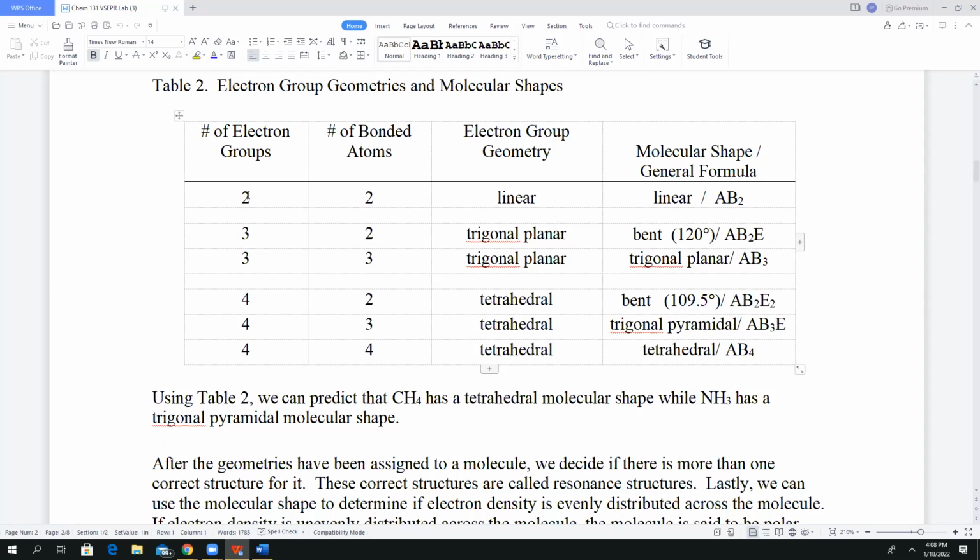You notice that the number of electron groups doesn't always match the bonded atoms, because we have what is known as a lone pair possibility too. We just did SO3, okay? Let me get this guy better. There we go.